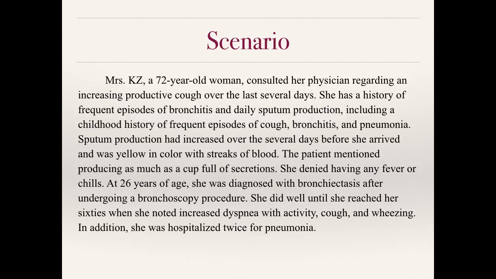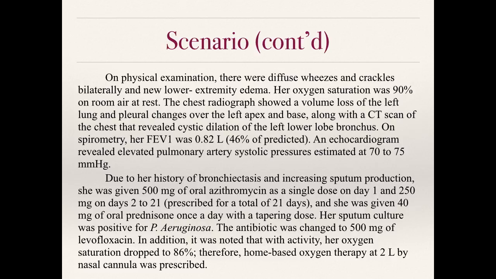She denied having any fever or chills. At the age of 26, she was diagnosed with bronchiectasis after undergoing a bronchoscopy procedure. She did well until she reached her 60s, when she noticed increased dyspnea with activity, cough, and wheezing. In addition, she was hospitalized twice for pneumonia. On physical examination, there were diffuse wheezes and crackles bilaterally, and new lower extremity edema. Her oxygen saturation was 90 on room air at rest.